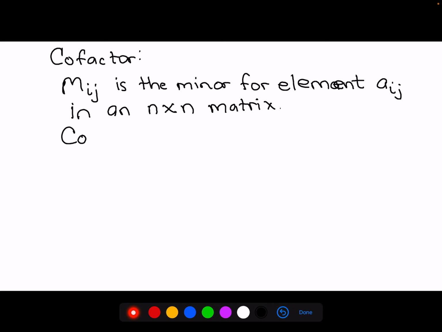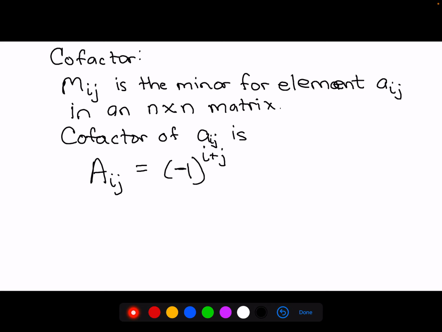The cofactor of A sub ij is capital A, and we do the little row column numbers so we can keep track. And then this first part, -1 to the i plus j, tells us what sign we're using for that cofactor.